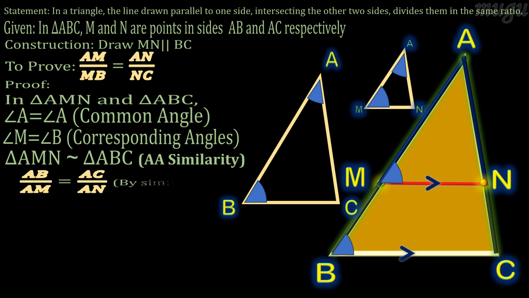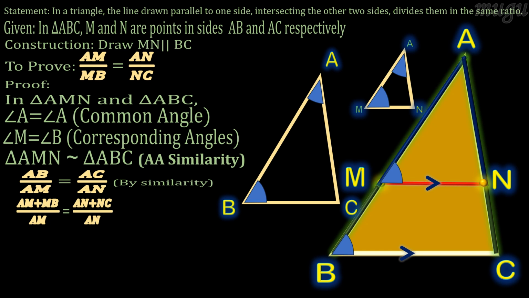Once the similarity is proved, we can take the result from the similarity. That is AM by AB is equal to AN by AC. Next, AB is split into two pieces: AB is the sum of AM plus MB.